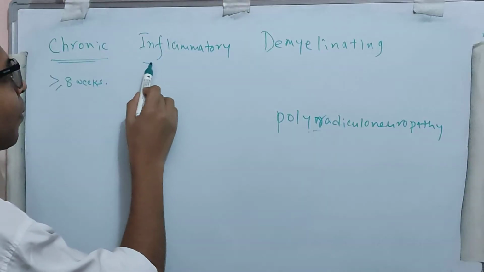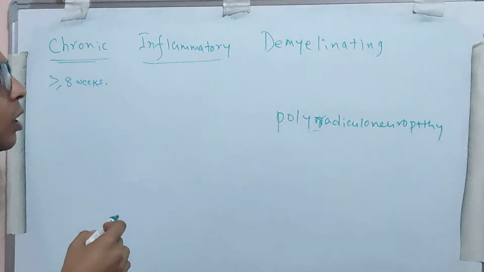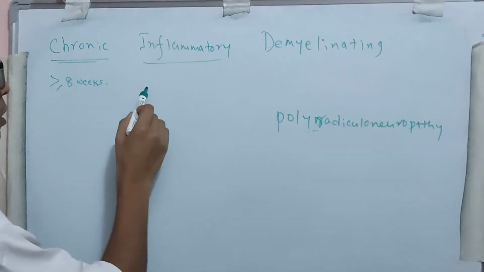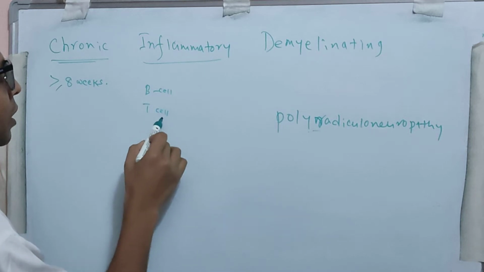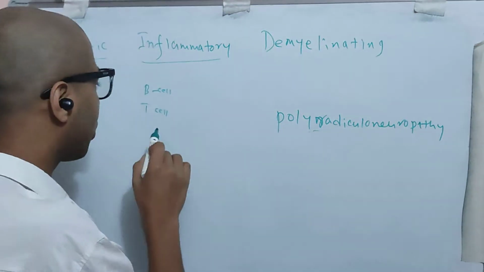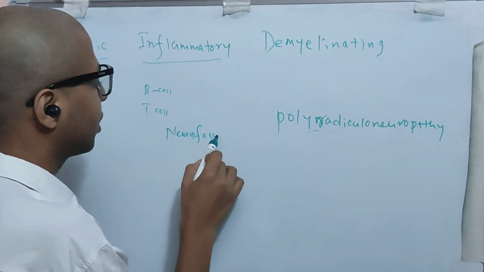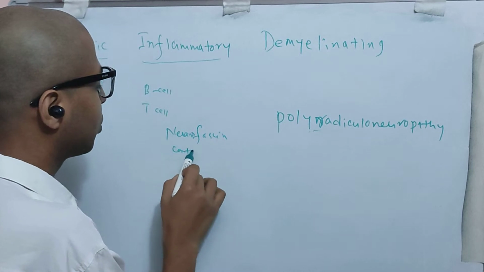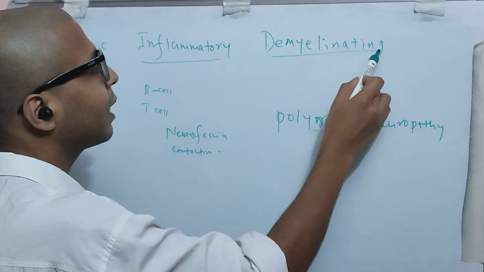Inflammatory means there is immune mediated inflammation, both B cell mediated and T cell mediated, against nodal and paranodal proteins like neurofascin and contactin, and due to this there is demyelination.